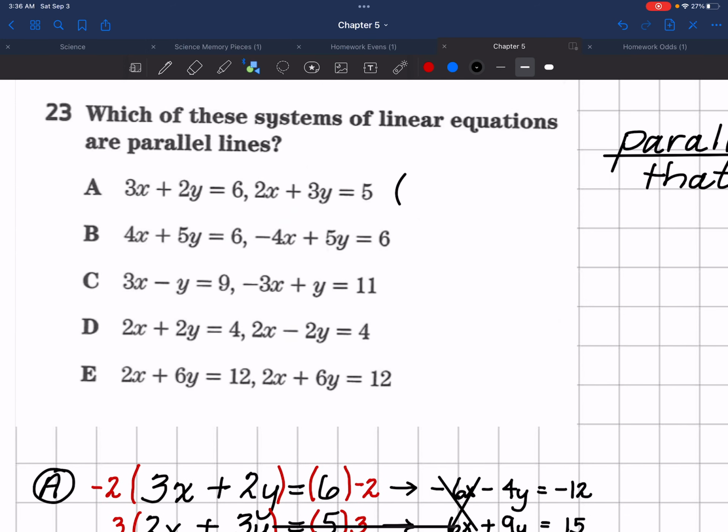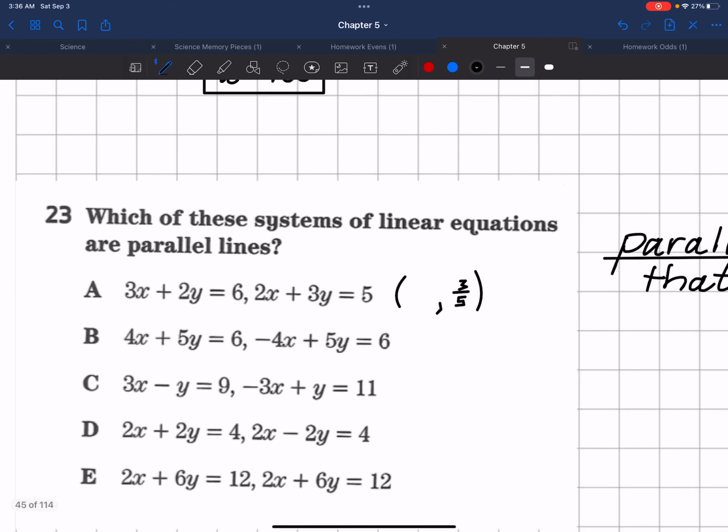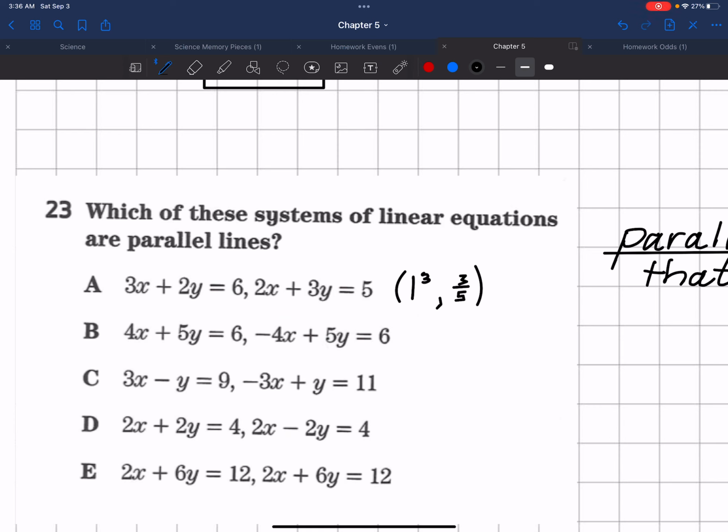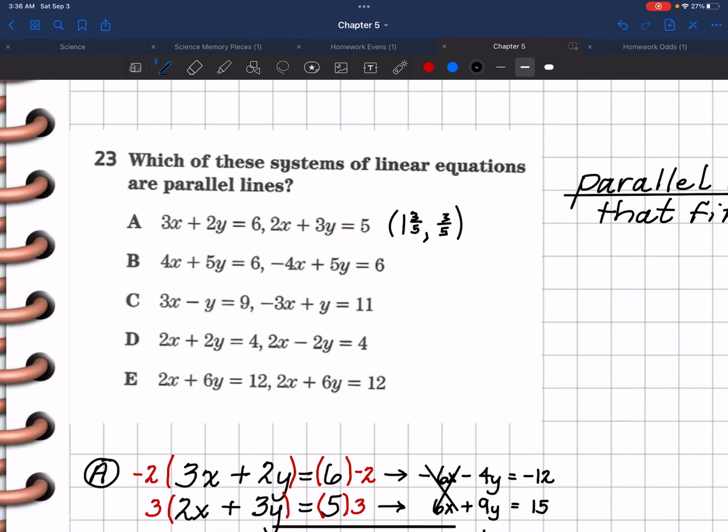So we had y was 3/5, and x was 1 3/5. So that tells me that this is not parallel. This system of equations has a solution. So it's not parallel. The lines touch somewhere at that point. Is where they touch. Okay, B.